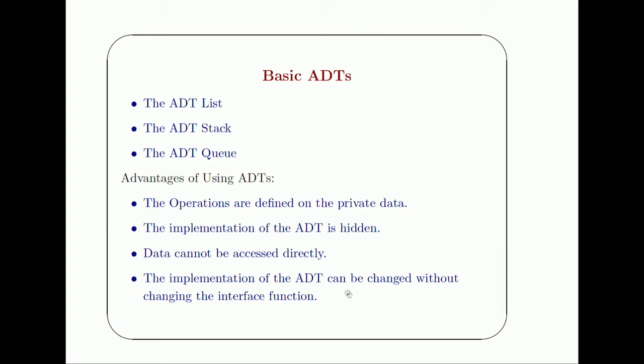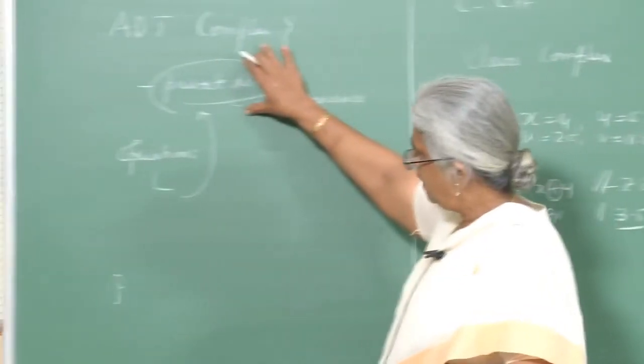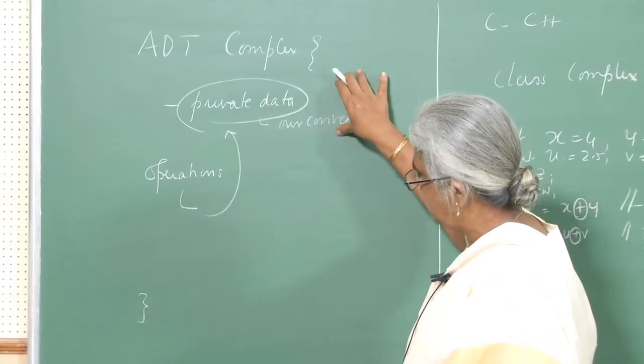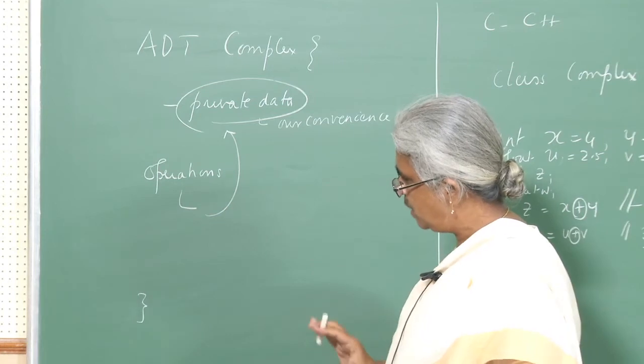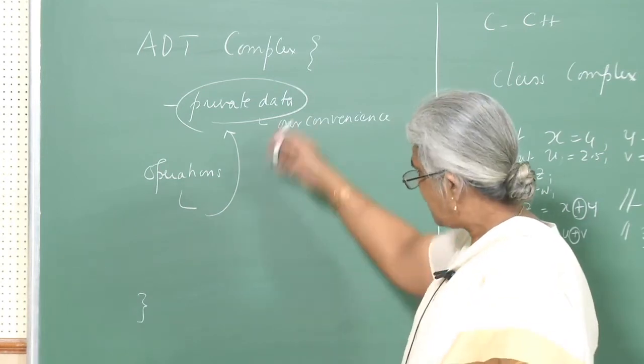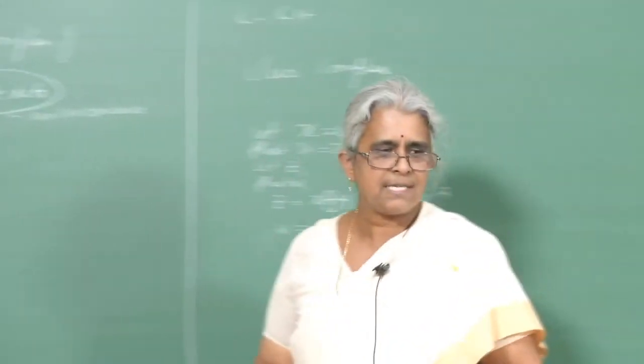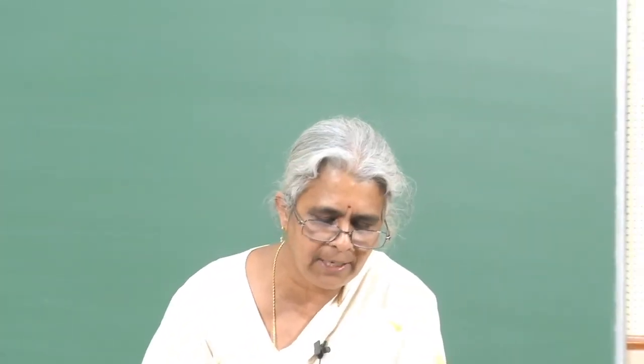Today maybe I used an array, tomorrow I am using a linked list. As long as the operations stay the same, you can change the implementation and a user will not even know that you have changed it inside.